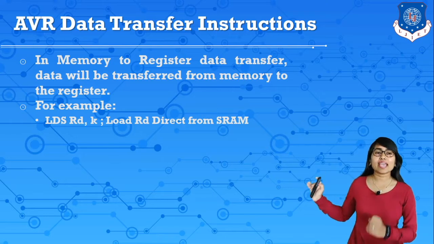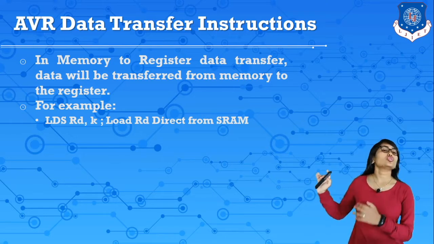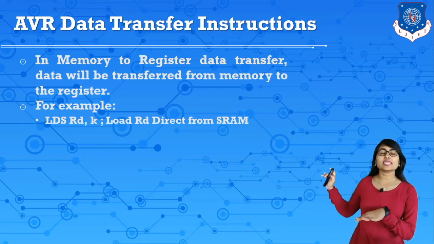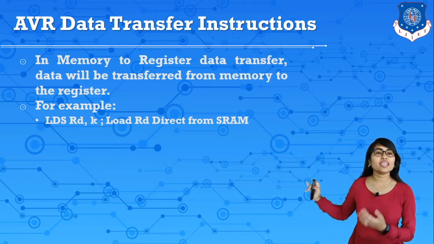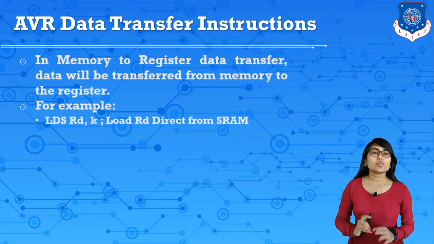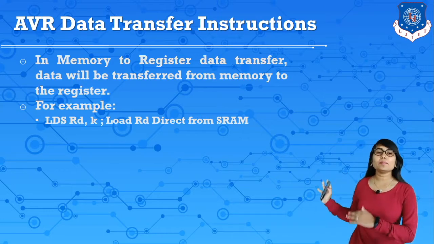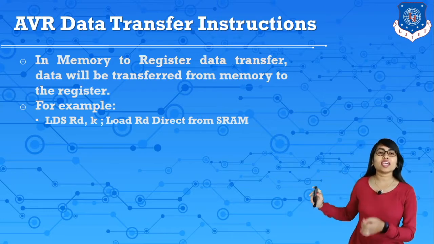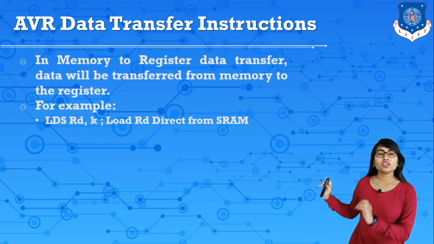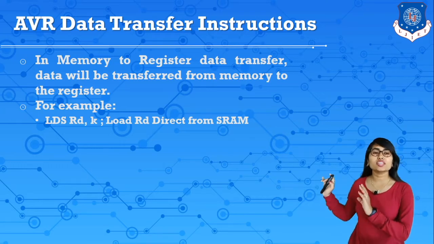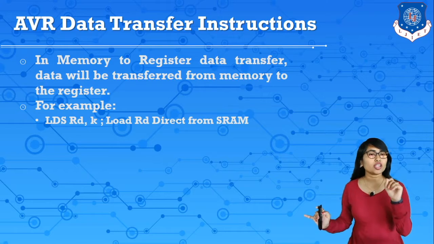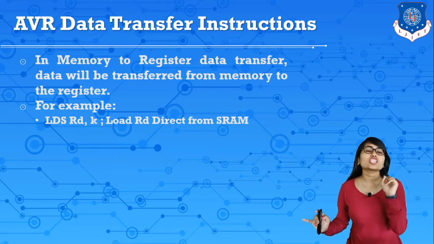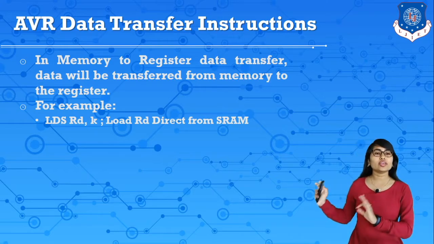So LDS RD, K. Whatever location is indicated by K, the data at that location is copied into the RD register. RD is not equal to K, but whatever data is stored at location K is transferred into RD.